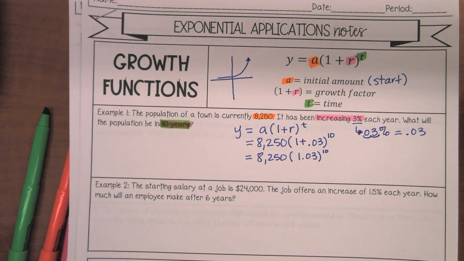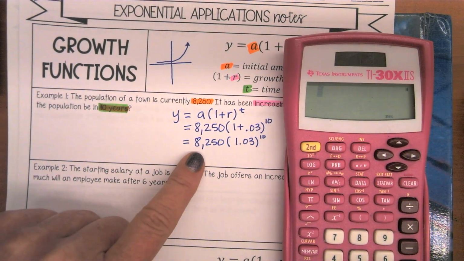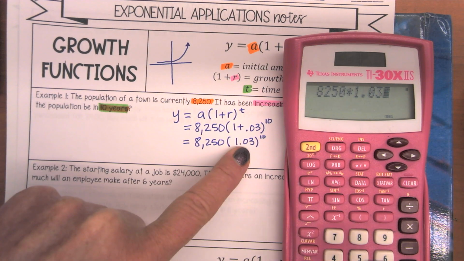Let me show you how to type this in on your calculator. I believe yours are the same as mine. So 8,250 times 1.03. Then I'm going to use this caret. This is telling me that there is an exponent, and I'm going to put 10 as my exponent. And then I'm going to press equal.